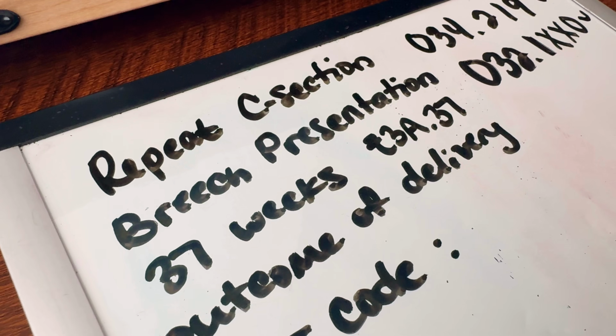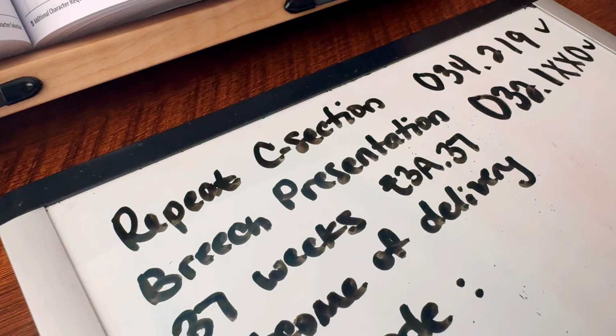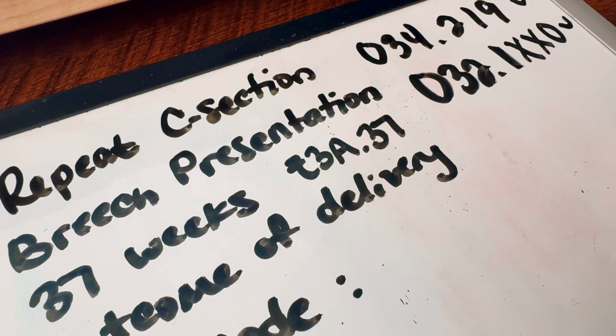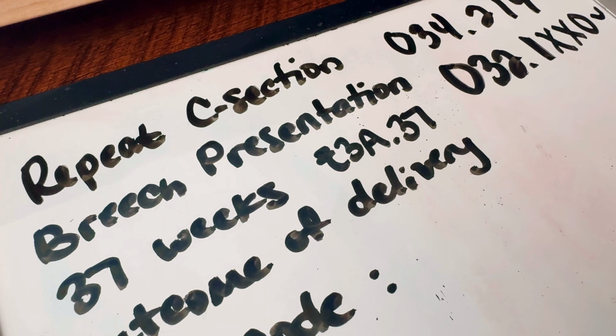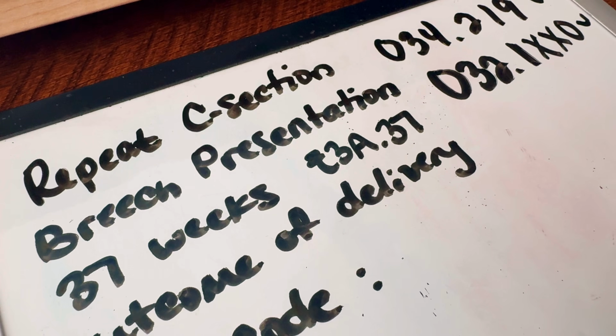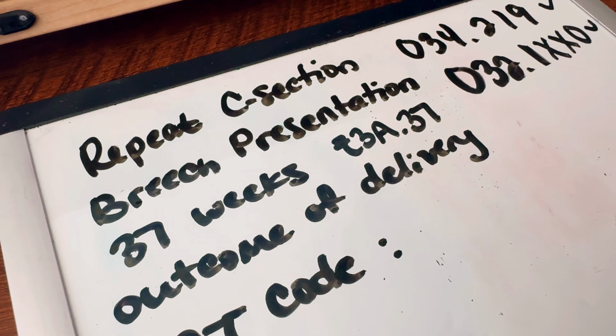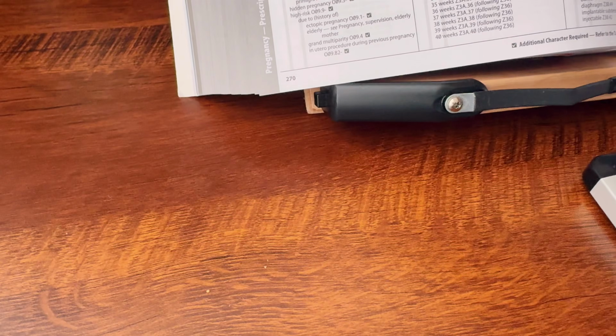And now let's look for the outcome of the delivery, which I thought would have been underneath of delivery, but it wasn't. So I had to go to outcome in order to find the code.